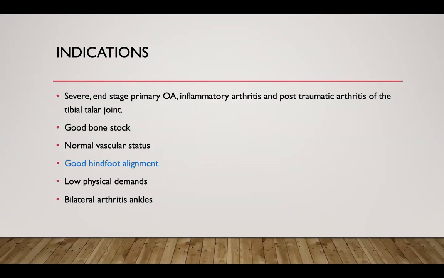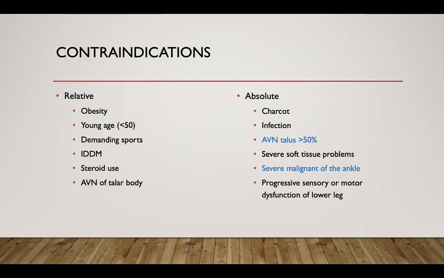And the patient needs to have good bone stock, good normal vascular status, hindfoot alignment is huge, and lower physical demands. Contraindications: obesity, younger age, which is debatable among many doctors, avascular necrosis. You will not do it though if the patient has severe malalignment or if they have Charcot, infection, severe soft tissue issues.